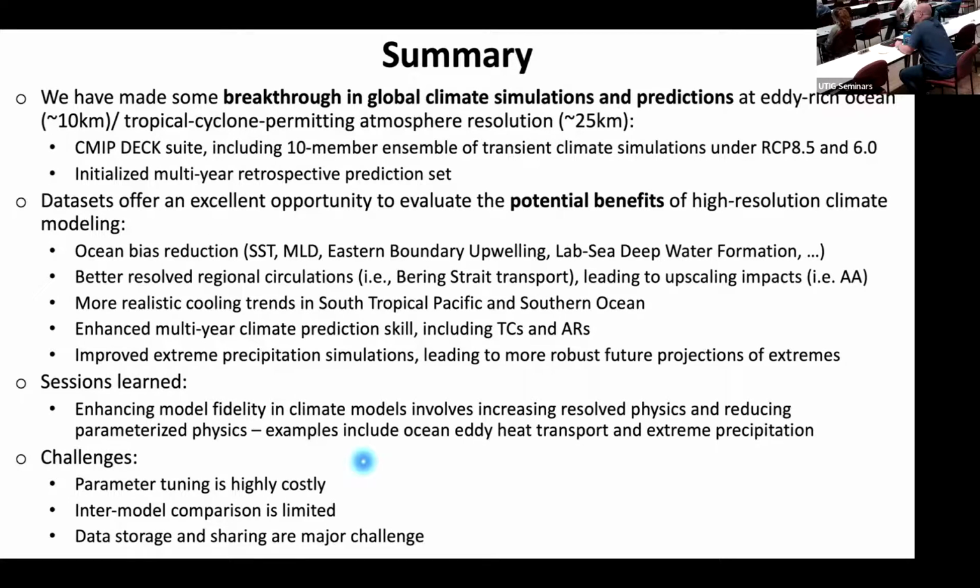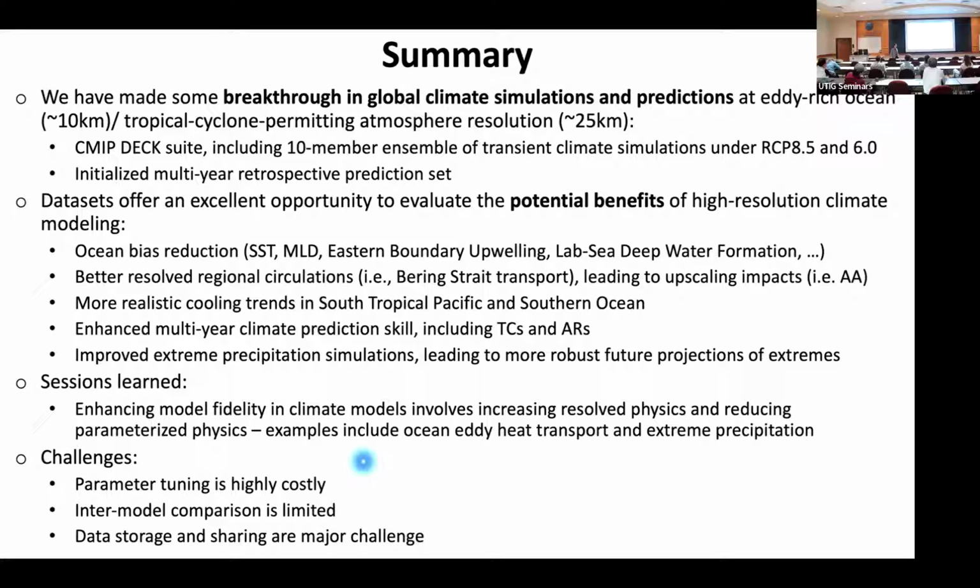Yes, the low resolution model, that's a well-known problem. For a long time, we know that climate models have a cold bias in the open ocean, but a warm bias along the upwelling region. And when we increase the resolution, some of those biases actually reduce.